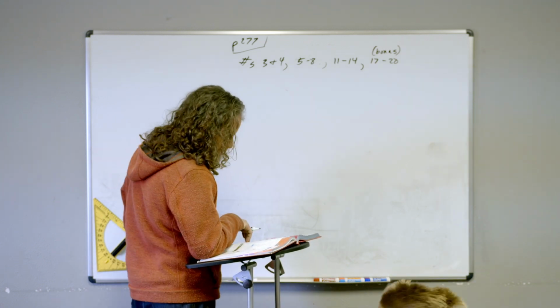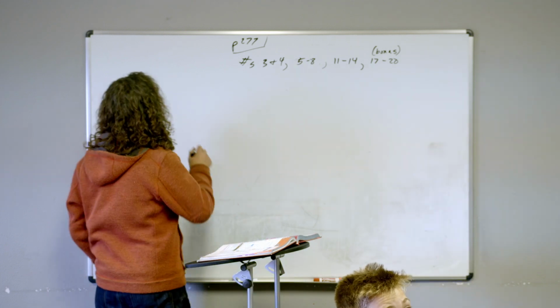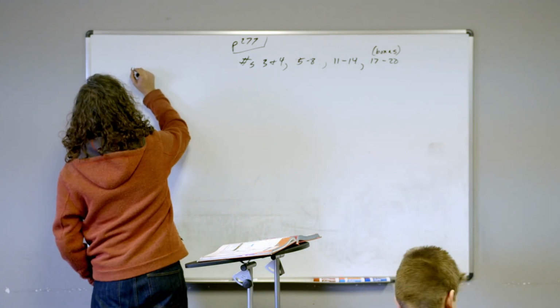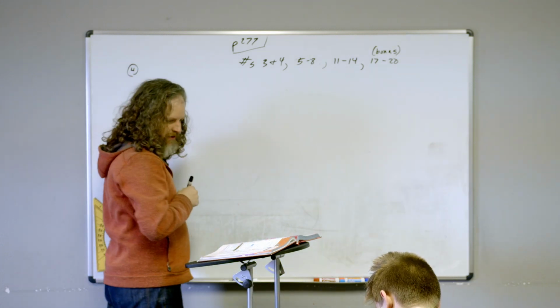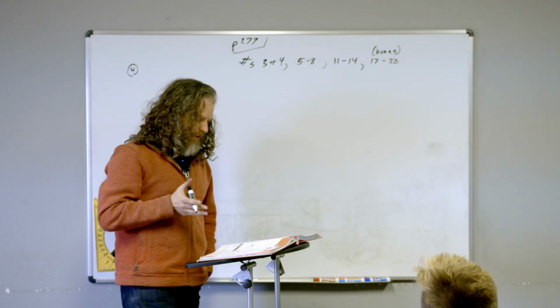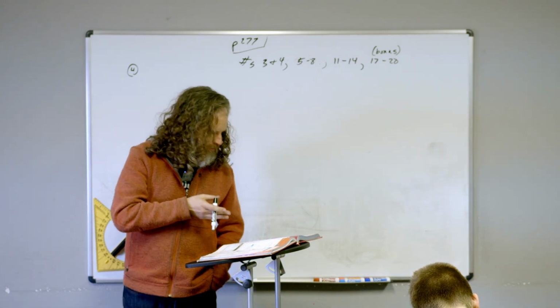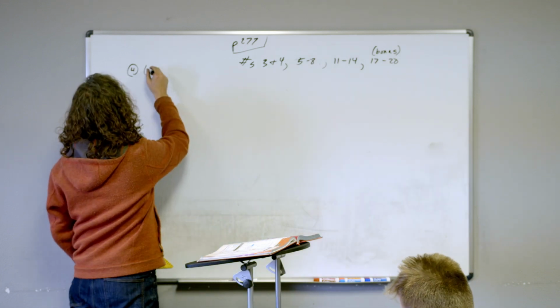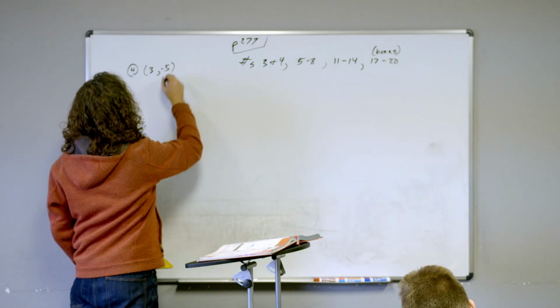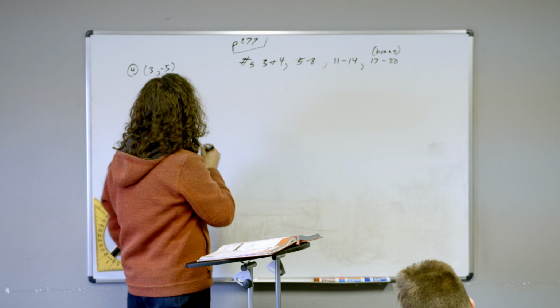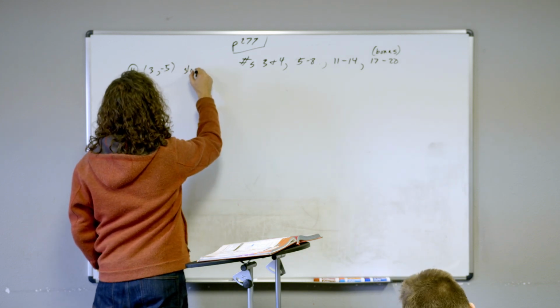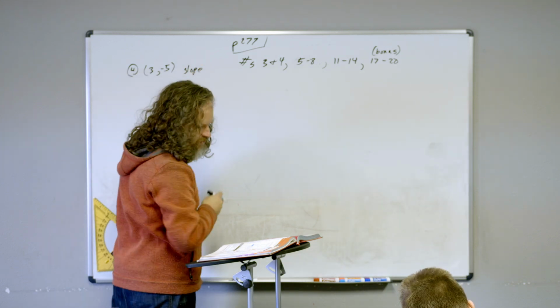So let's do number 4. We want to write an equation of a line, slope-intercept form, that passes through (3, -5) and has a slope of 2/3.